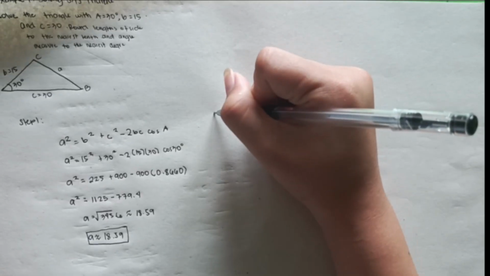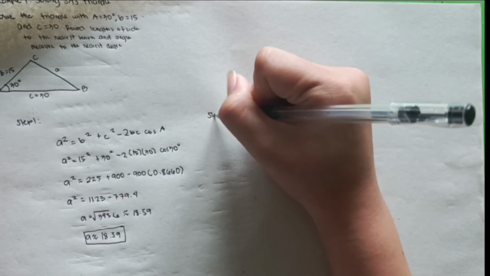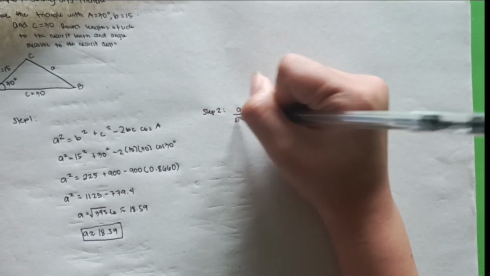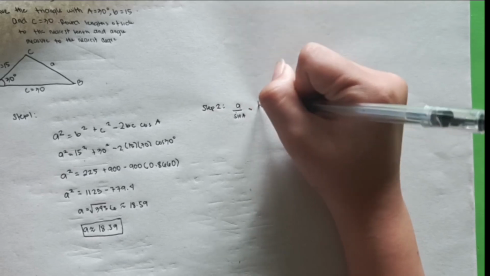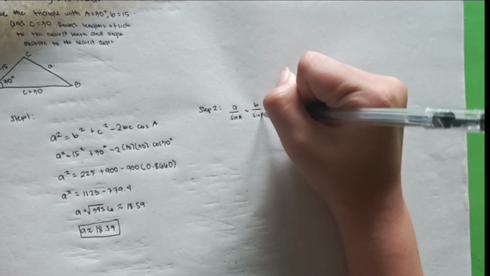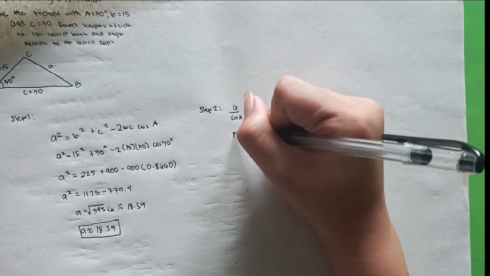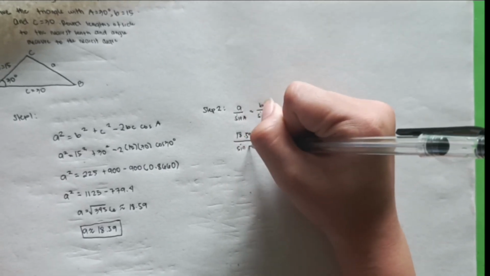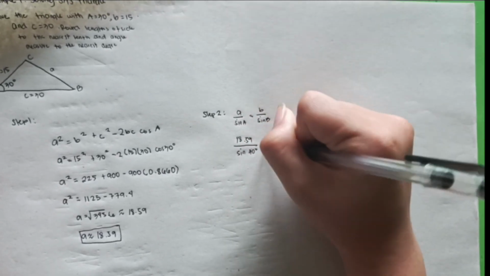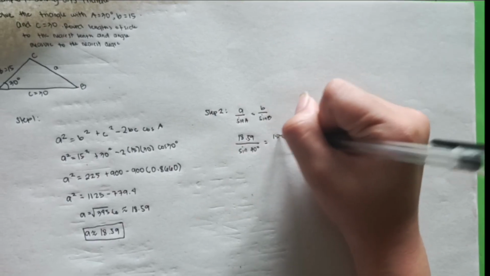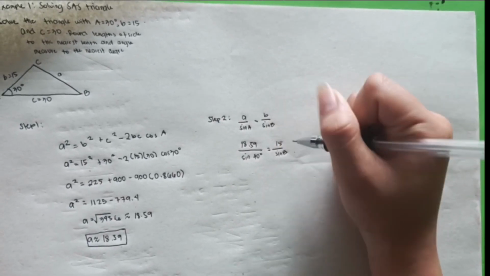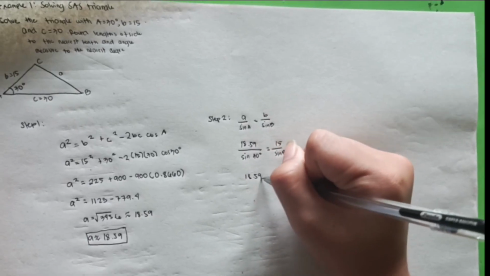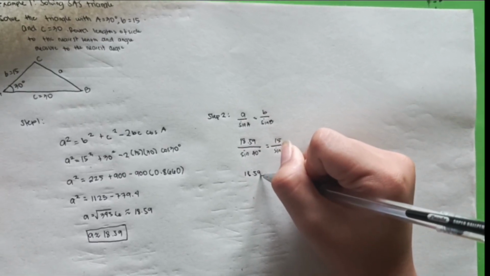Step 2. We will use the law of sines to find the angle opposite the shorter of the two given sides. So this angle is always acute. First, we will use the law of sines: side A over sine A equals side B over sine B. Next, we will substitute the given values, and then we cross multiply.